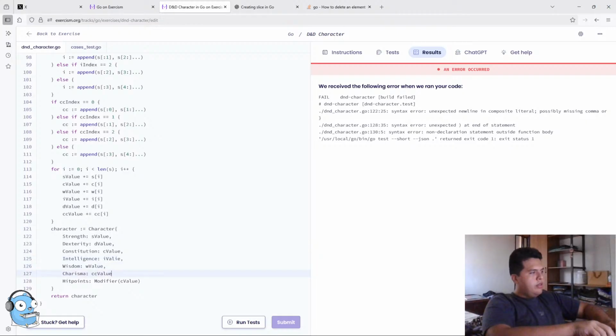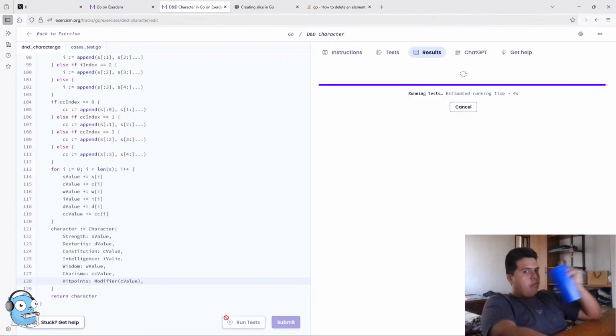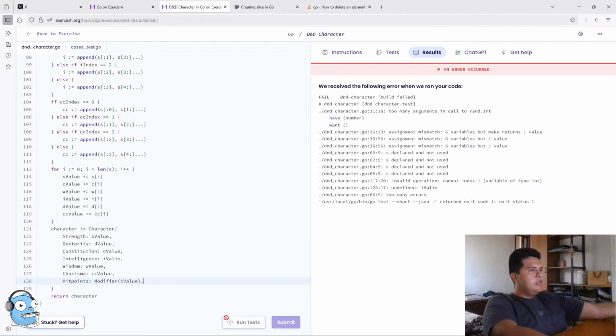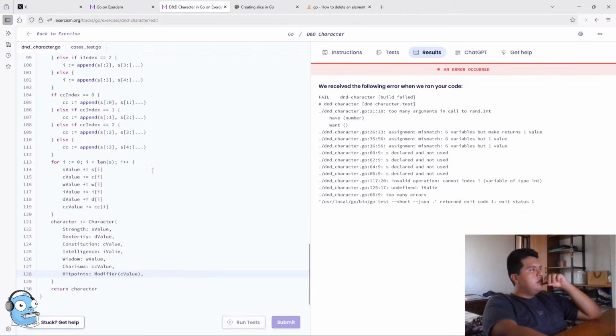I don't know why, but any one of these needs a comma. Assignment mismatch: 6 variables but makes returns 1 value.